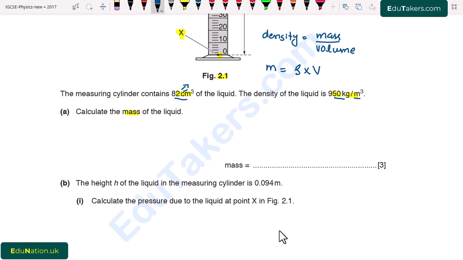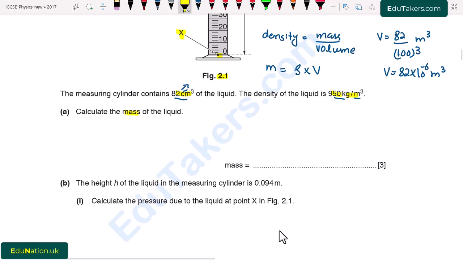So volume is equal to 82 divided by 100 to the power 3. It is now in meters. I simply write it as V is equal to 82 into 10 to the power minus 6. Here it is meter cube because its unit was centimeter cube, so it will be meter cube.